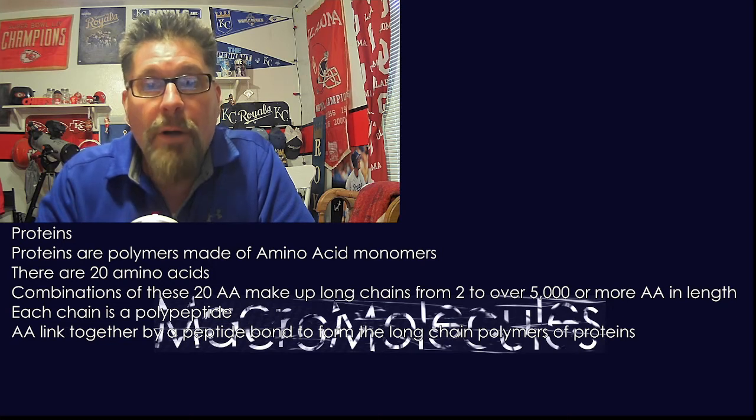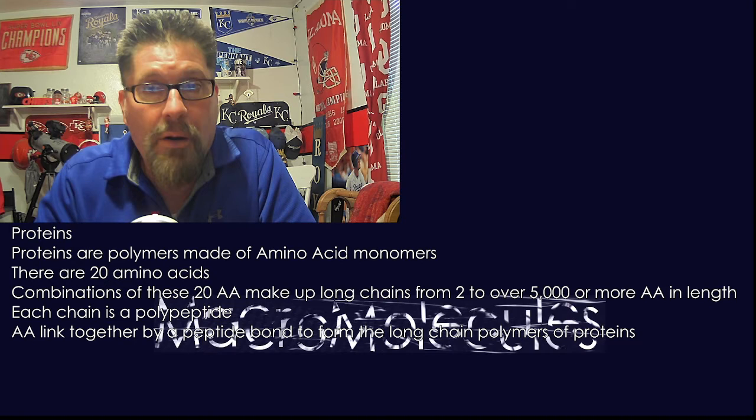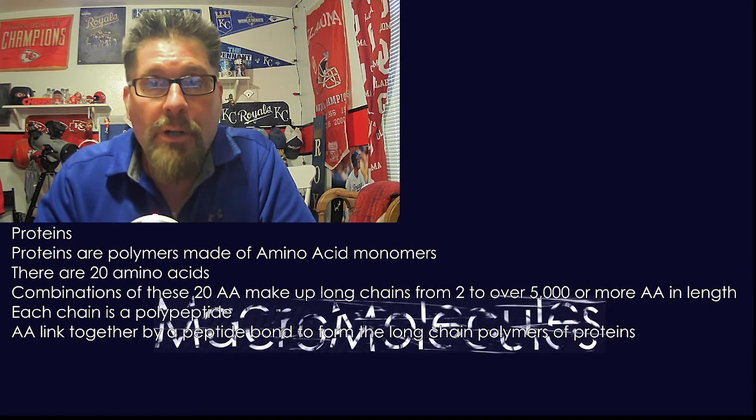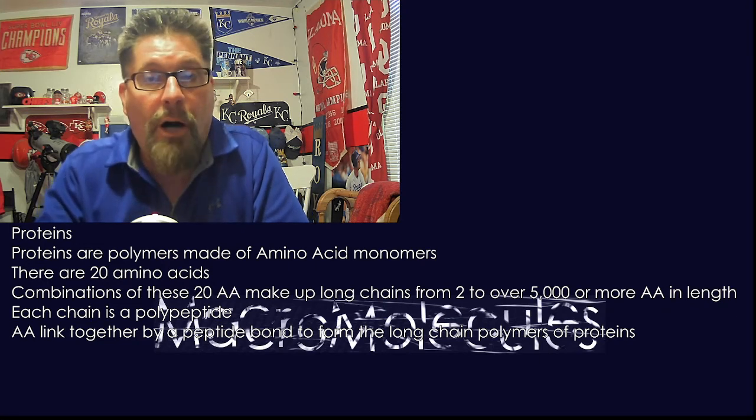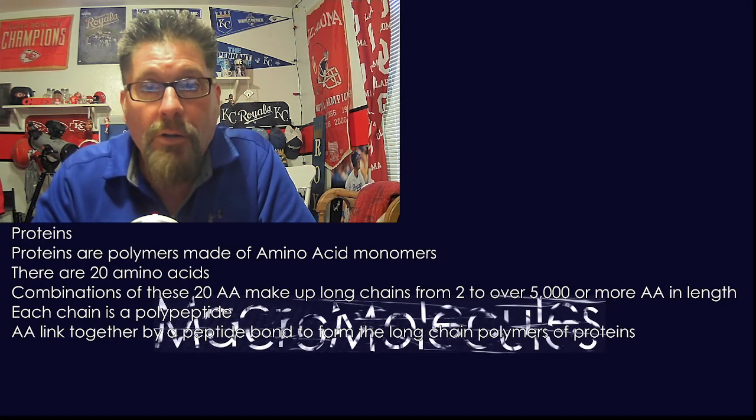it's called a polypeptide. Now, the bond between the amino acids, just like with the carbohydrates had a special name for when their monomers were bonded together, a glycosidic bond. Bonds between amino acids that are bonded together, that bond is called a peptide bond. And again, it's not a type of bond like covalent or ionic.